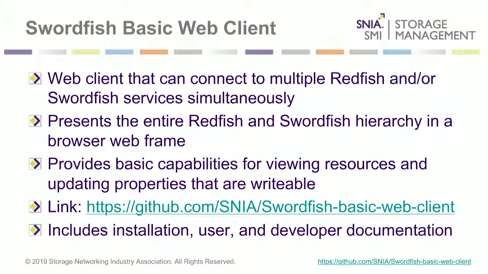What this code really does is it runs on a system as a server, and it accepts client browser connections. In other words, using your browser, you log into it. And once you've done that, you can then ask it to connect to a Redfish service or a Swordfish service. And you can do that multiple times. So, one interface and you can talk to multiple services.